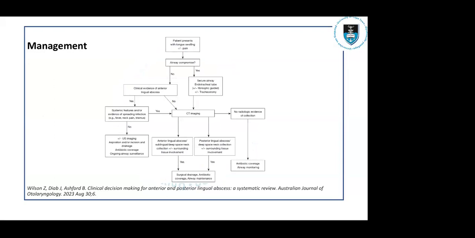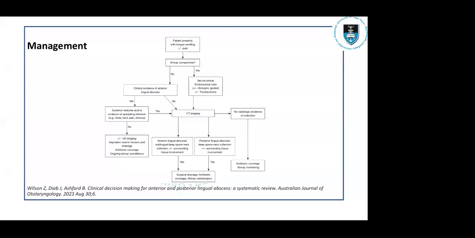CT imaging is done, and if there is no radiologic evidence of a collection, antibiotic coverage and airway monitoring is done. However, if an anterior or posterior lingual abscess with sublingual or deep neck collection with surrounding tissue involvement is seen, surgical drainage, antibiotic coverage, and airway maintenance must be done.